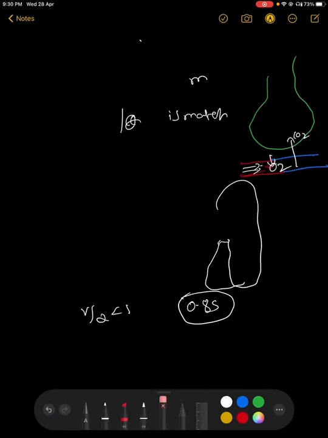So what is a shunt basically? A shunt is nothing but blood where the oxygen is actually getting wasted.